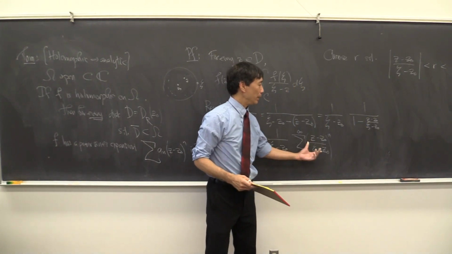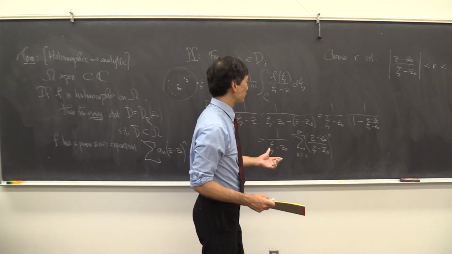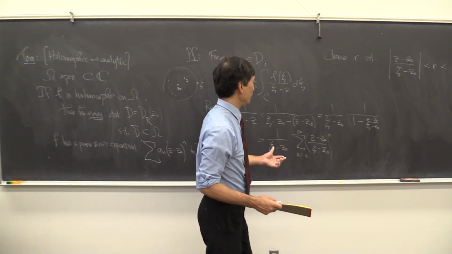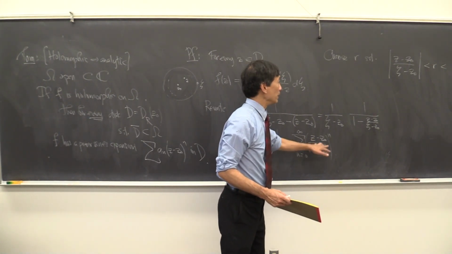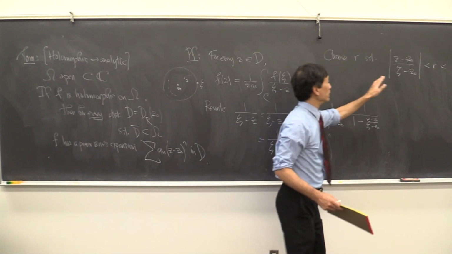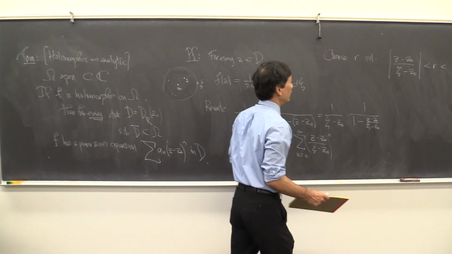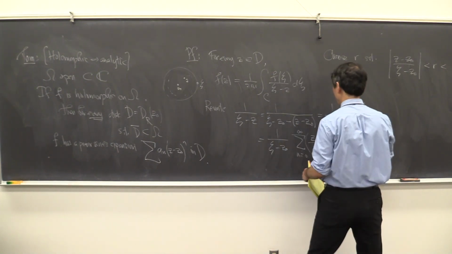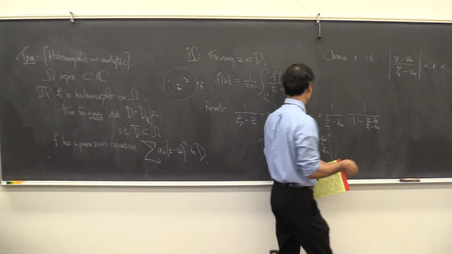We know that this thing is smaller than 1, since our z is fixed. So we choose an R so that this is smaller than 1, and then we know that this thing converges uniformly. That's the point.